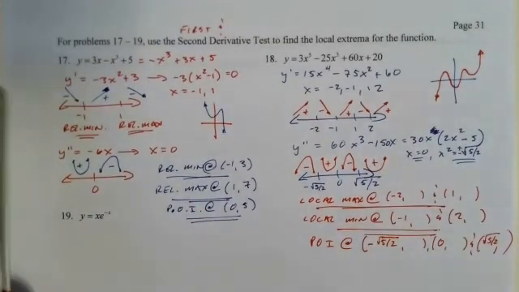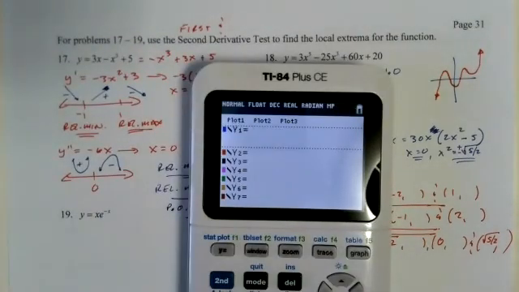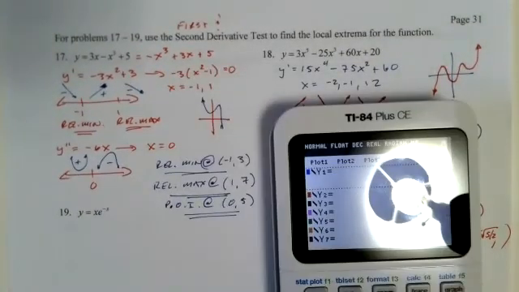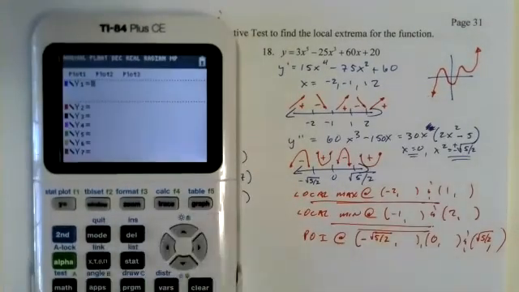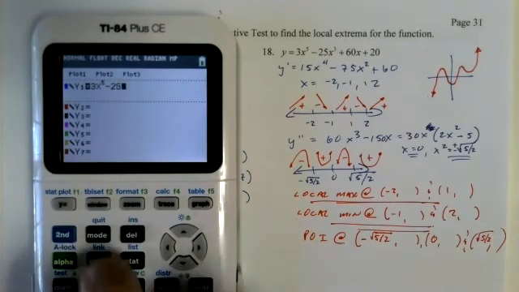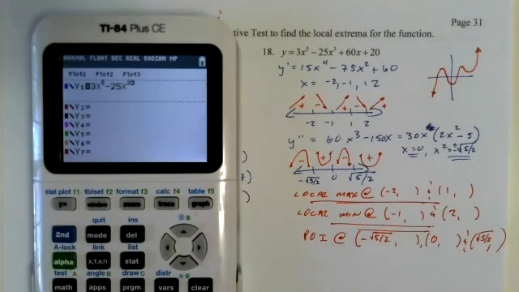Okay, here we go. Y equals 3x to the 5th minus 25x to the 3rd plus 60x plus 20.